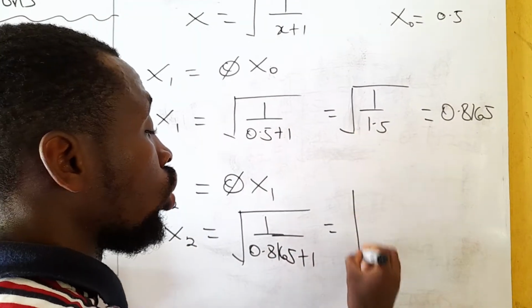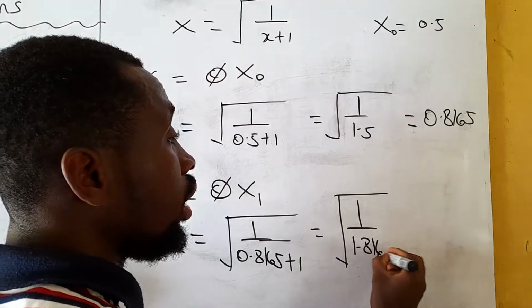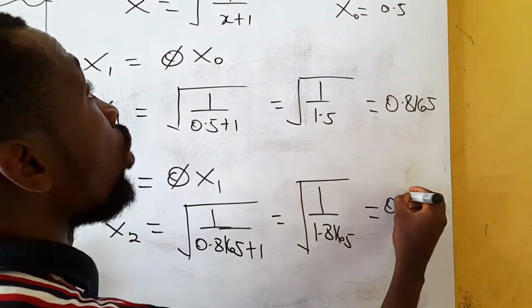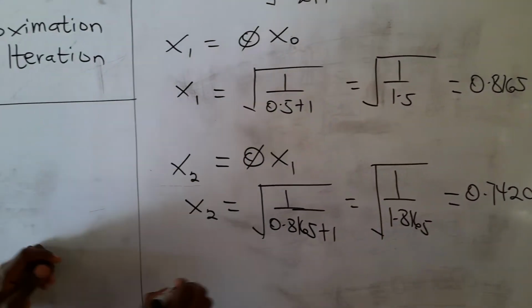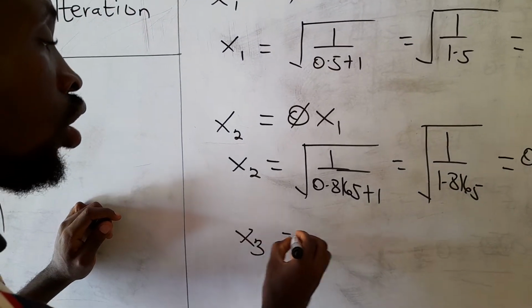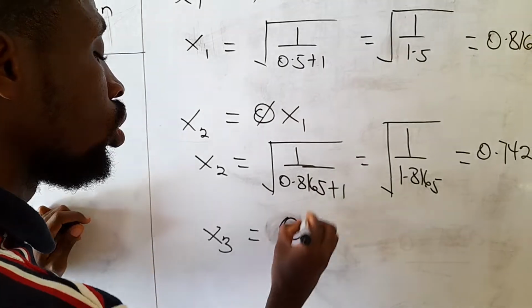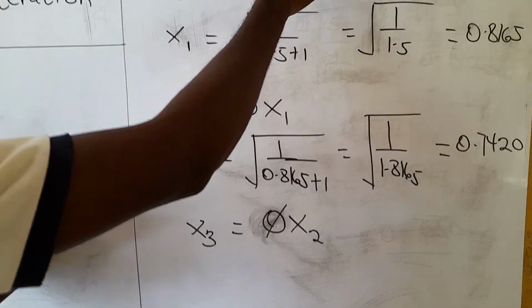So this will be equal to the square root of 1 over 1.8165. And when we solve that value, we get 0.7420.